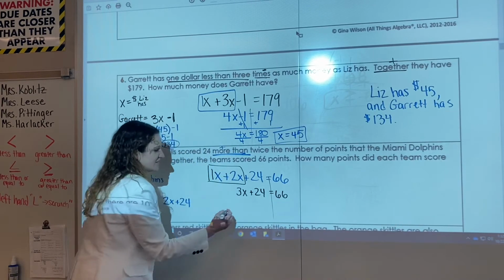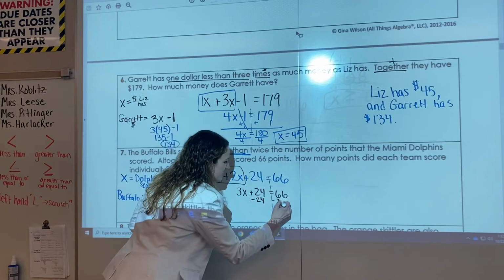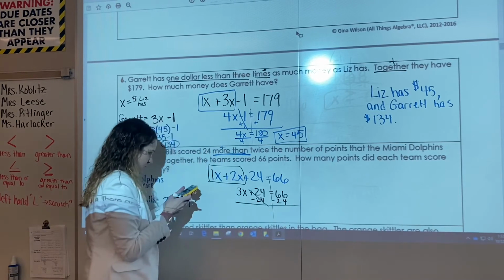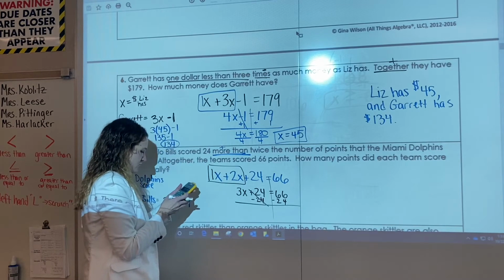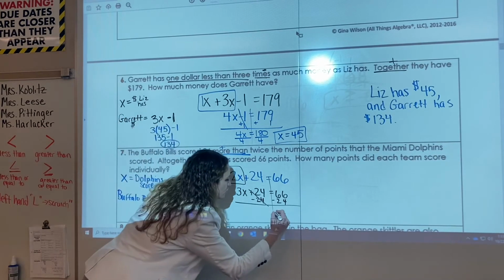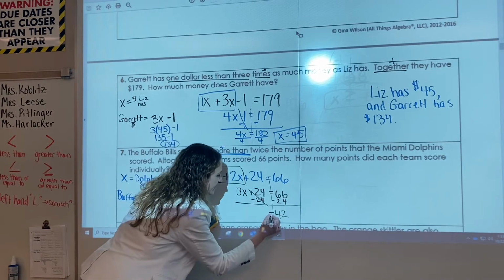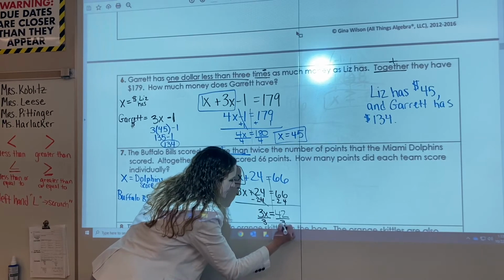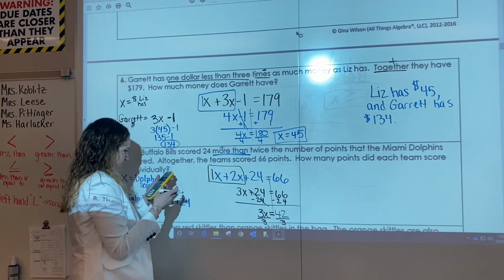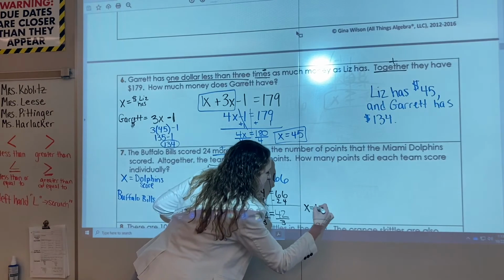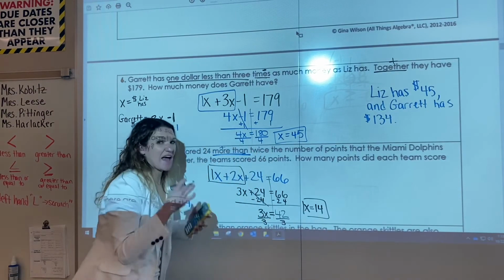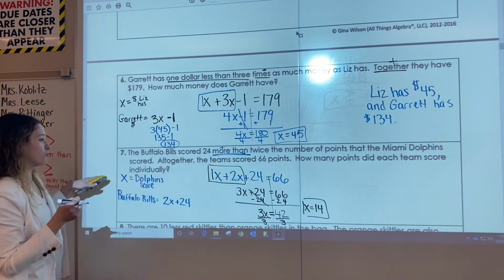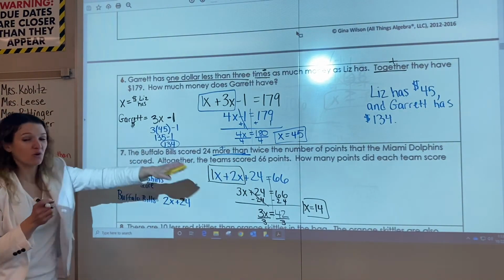Got to get rid of this constant term, so I need to subtract 24 on both sides. So I have 66 minus 24. That gives me 42. Bring everything else down at 3x. When I divide on both sides by 3, x equals 14. Again, that gives me half of my information because they need to know how many points each team scored individually.